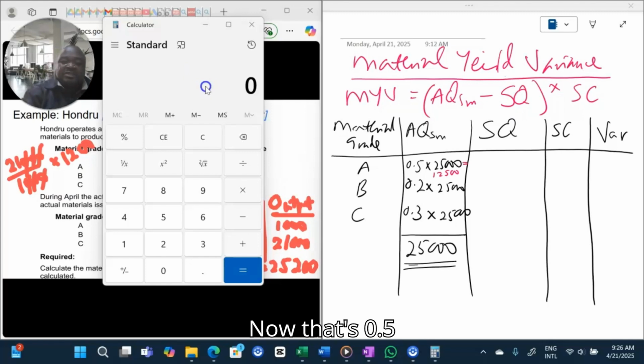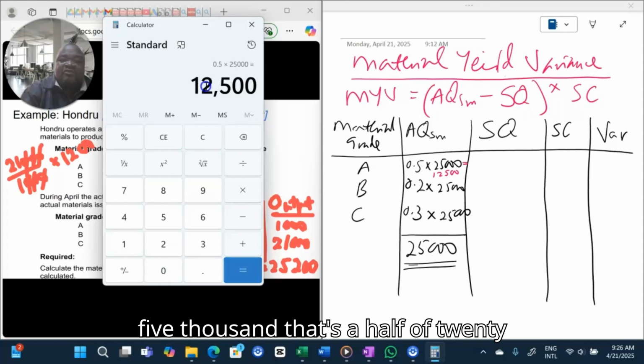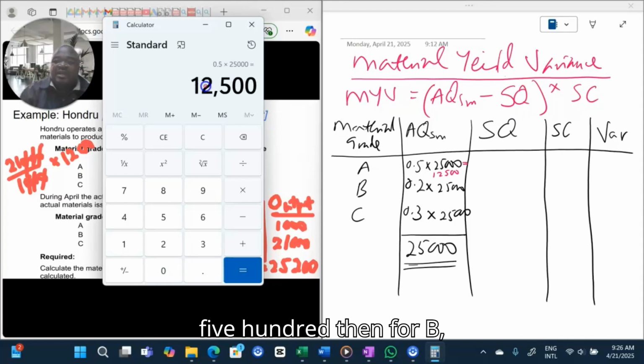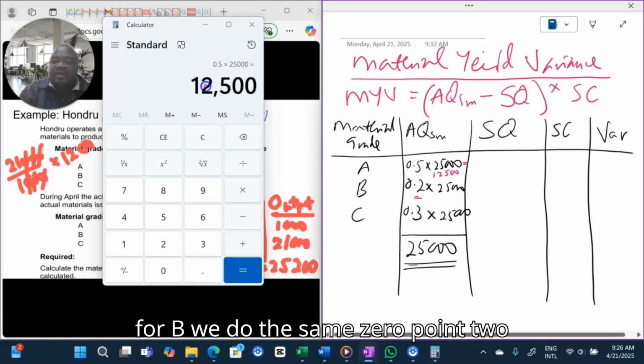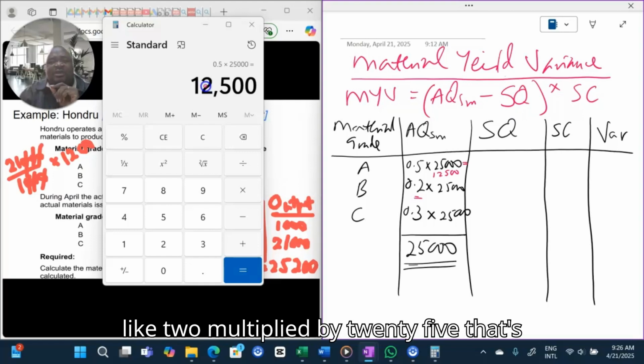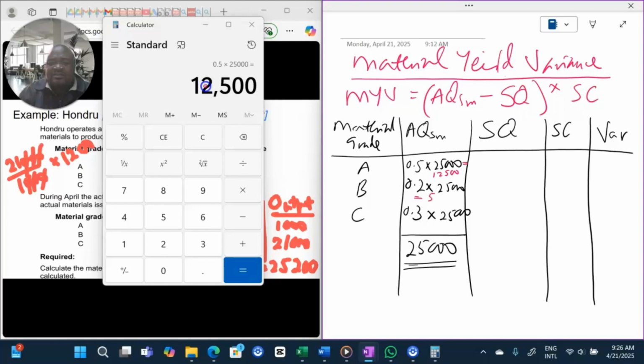Now, 0.5 multiplied by 25,000. That's a half of 25,000, which is 12,500. Then for B, we do the same, 0.2 multiplied by 25,000. It's like 2 multiplied by 25. That's 5,000, isn't it?